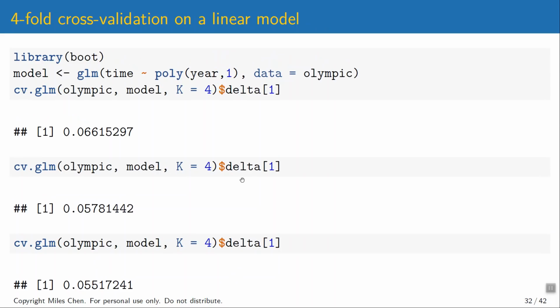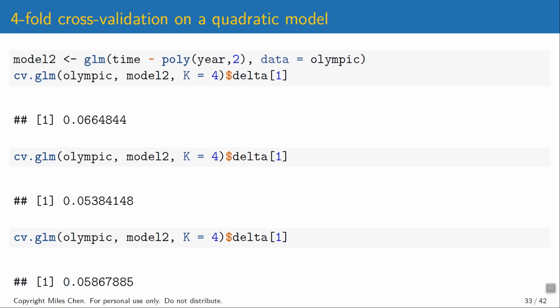What we're seeing is that the cross-validation scores for the linear model, the quadratic model, and even the cubic model are quite within a standard error of each other, so it's a little bit difficult to say. I didn't bother doing it on any more of these models; I figured you got the picture here.